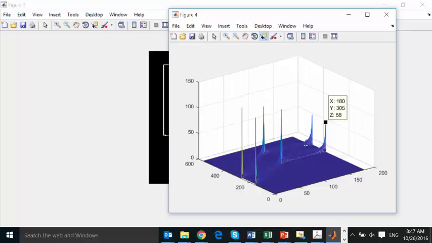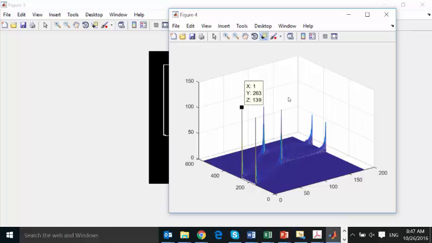And instead of ending at 89, it will end at 180. Okay? Same thing can be said here for the Y, which corresponds to the rho. For the rho, we have said that it will start from negative diagonal to positive diagonal. Here as well, it is shifted in order to have positive values. Right? So, this is one value of the peak. Let's take for example this value here.